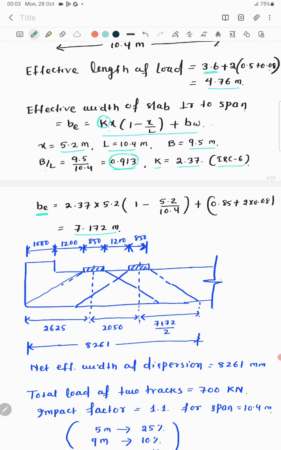Now from this figure you can observe the vehicle is placed perpendicular to the span.